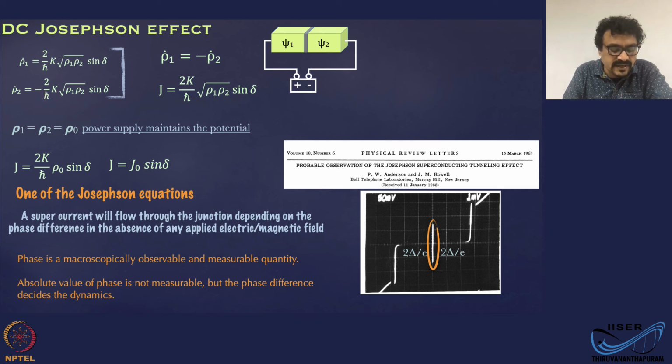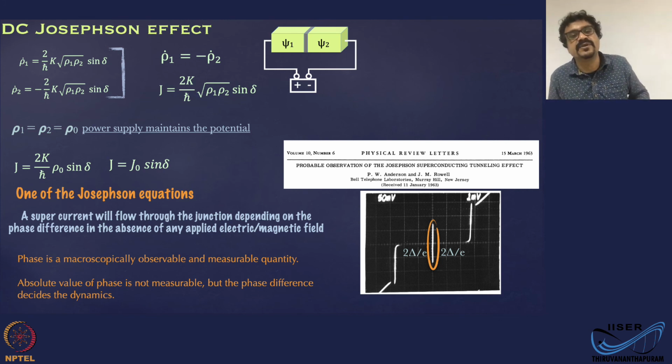Of course rho1 dot is negative of rho2 dot, but remember the temporal change in the density should be the current. So this rho1 dot, which is minus rho2 dot, is basically 2 kappa by h bar into square root of rho1 rho2 sine delta. That should be the current density.